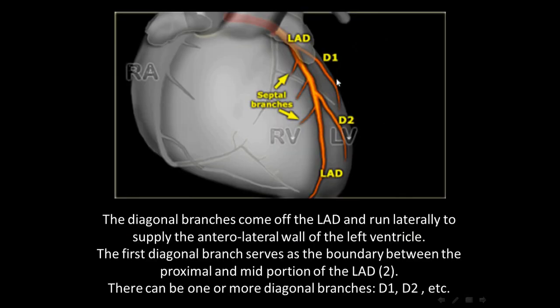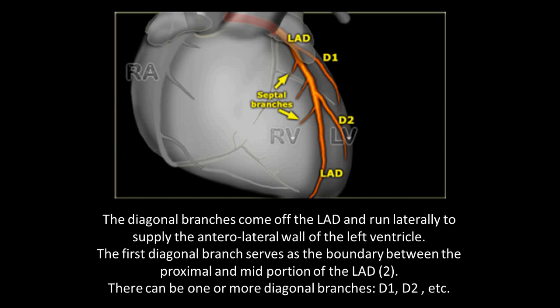The diagonal branches that we have talked about come off from the left anterior descending and run laterally to supply the anterolateral wall of the left ventricle. The first diagonal serves as the boundary between the proximal and the second portion of the left anterior descending.